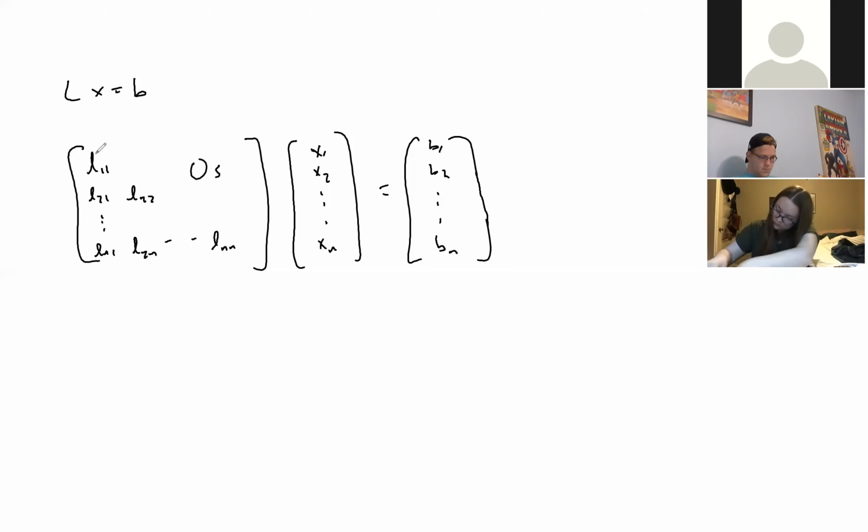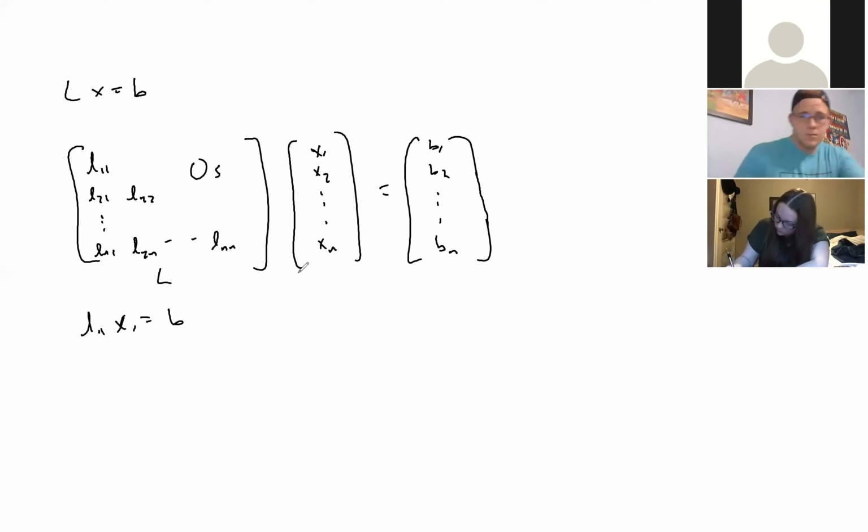If I go across that first row, I have L11 times X1 equals B1, just doing this matrix L times this vector X. That first row multiplied by X gives me this equation. So X1 equals B1 divided by L11.